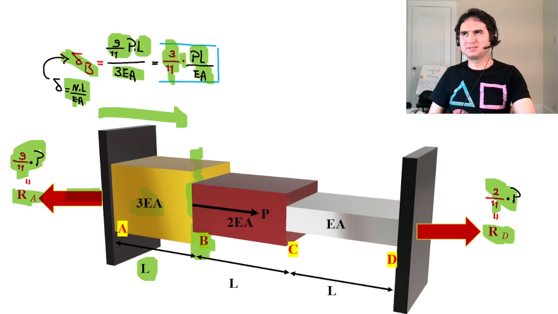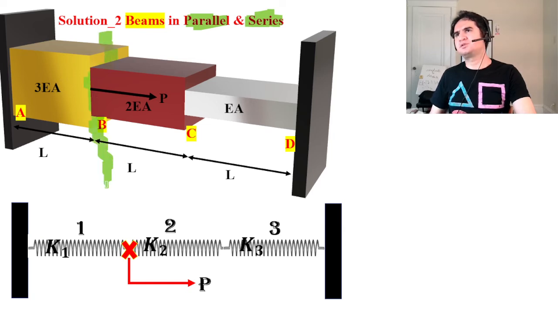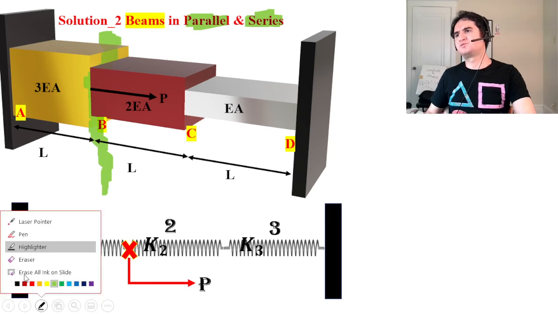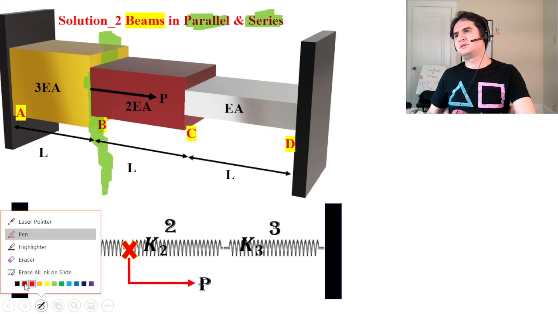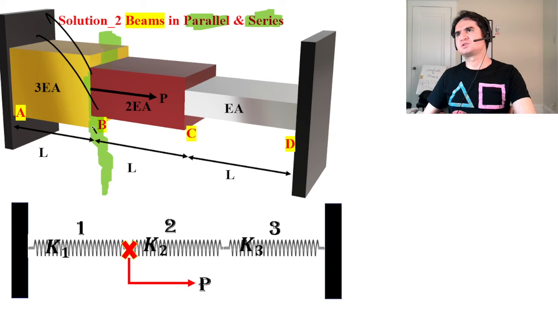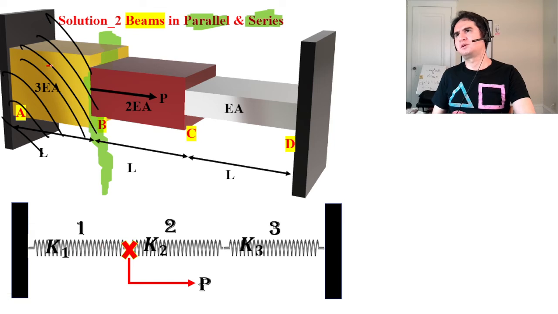Now let's go a step further and solve the same problem with the beams in parallel and series. One can separate the structure at B, so forget about this part, block one, which we already called block one.